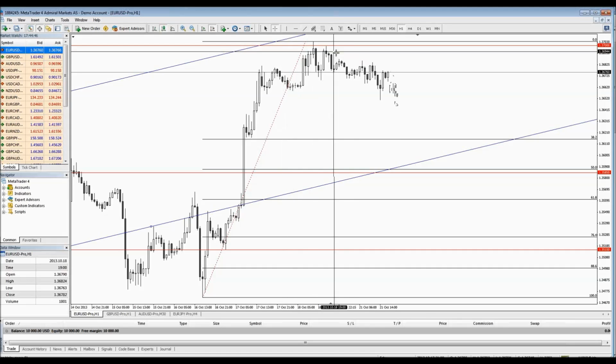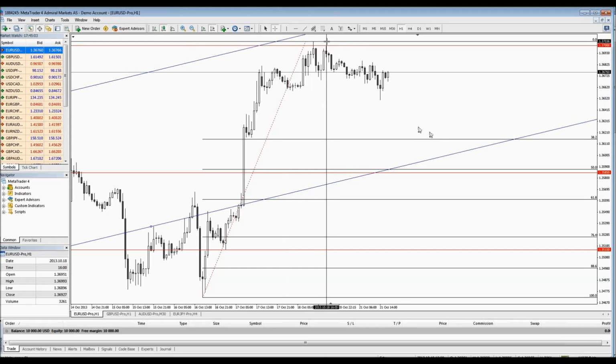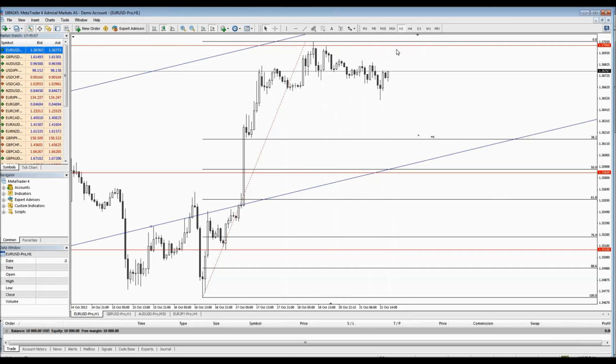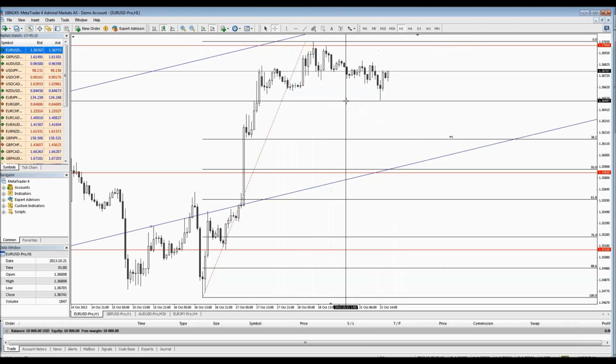The biggest problem in Forex trading, and with my students in personal mentorships, I always say: you are not trading the potential target price. You're not trading towards these levels. You are basically trading according to your stop loss.